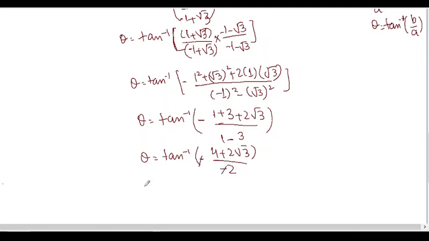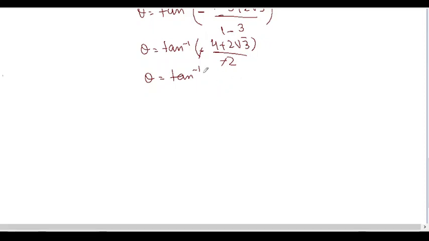This negative and this negative cancel, and theta equals tan inverse. Okay, now we are taking 2 common over here, 2 into (2 plus square root of 3) whole divided by 2. This 2 and this 2 cancel, so theta equals tan inverse (2 plus square root of 3).